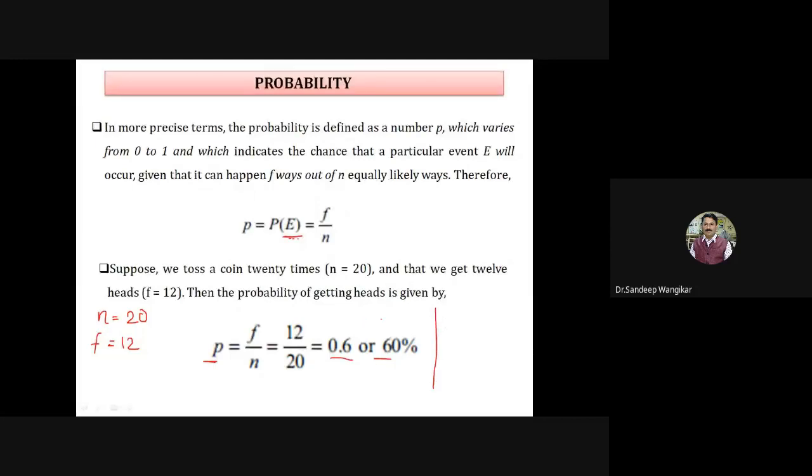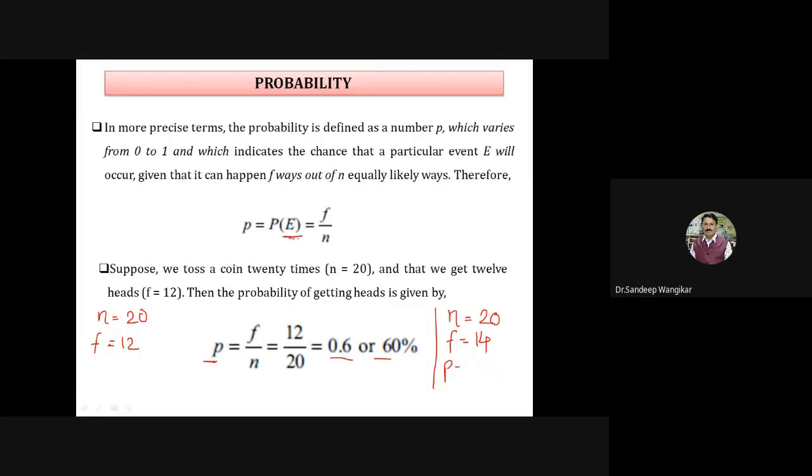Again, I will take the same example. Suppose a coin is tossed N, 20 times, and now I am getting tail 14 times. So F is equal to 14.